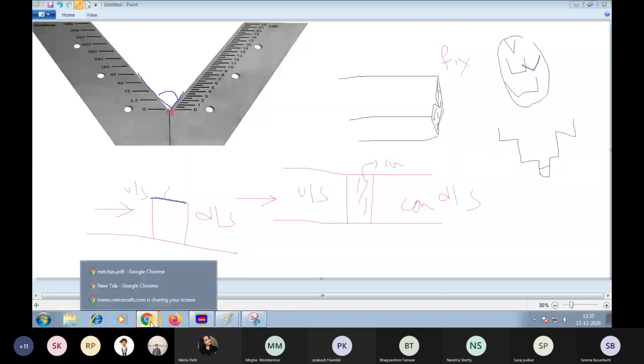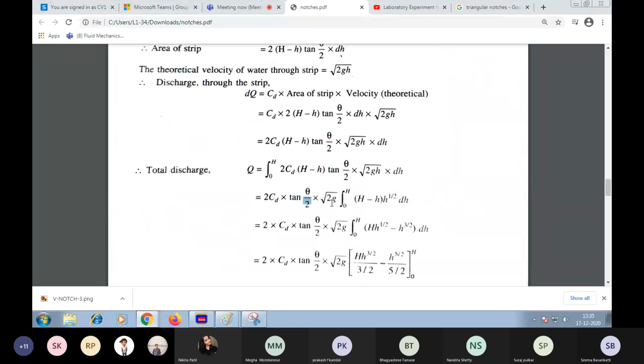So this is also a constant term, and so is square root of 2g, where acceleration due to gravity is 9.81. So all the constant terms are taken outside, and integrate (h minus h) into square root of h, which is h raised to 1/2, into dh.